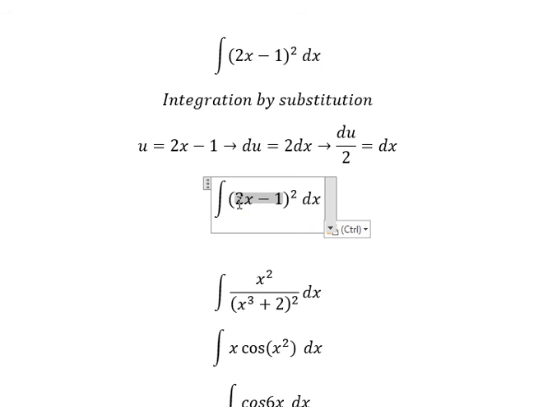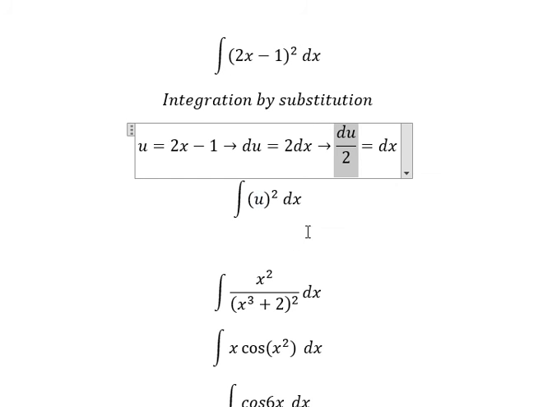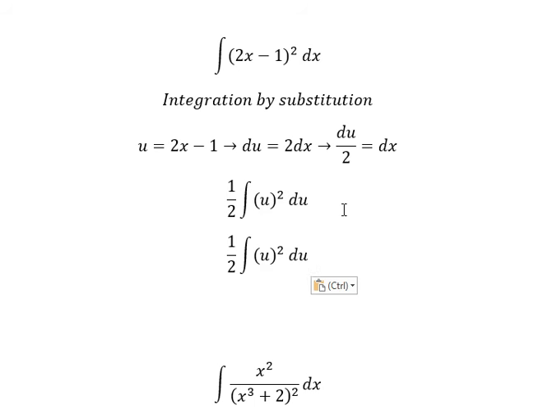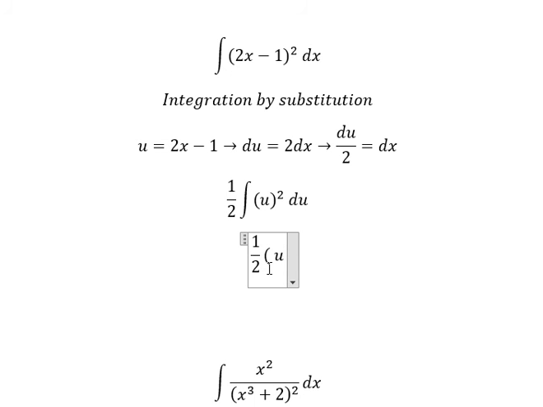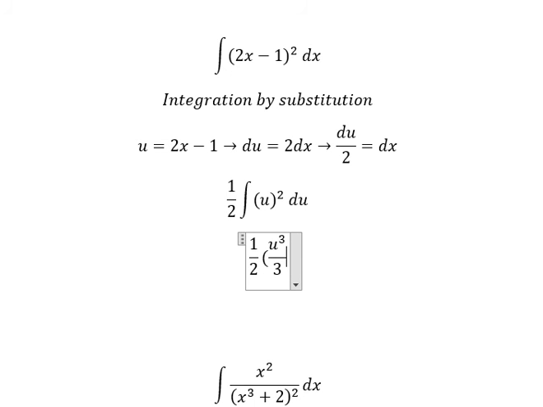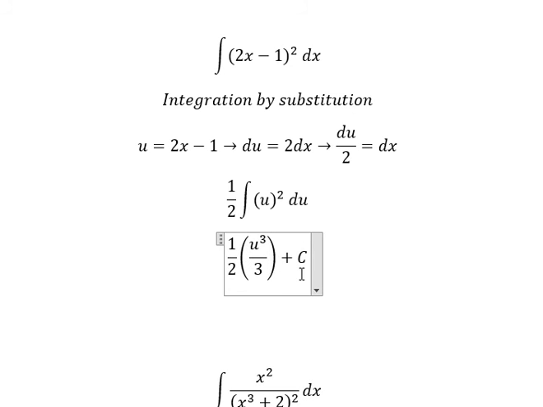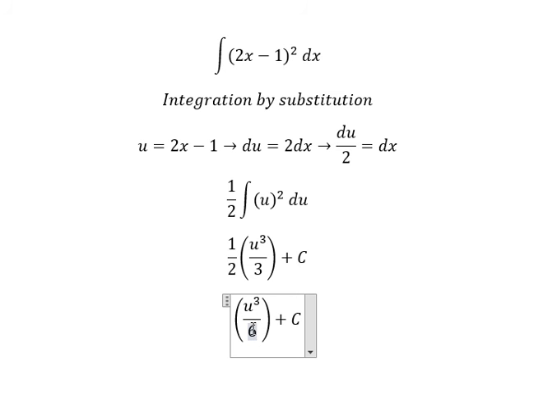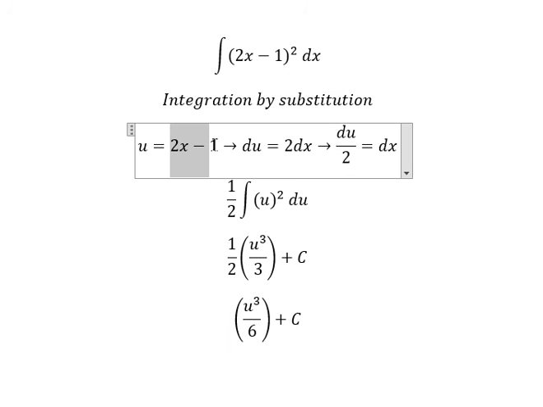So this one we change by u. dx we change by this one. The integration of this one, we have u to the power of 3 over 3, and we put c. Number 2 and number 3, we have number 6. About u, that is about this one.